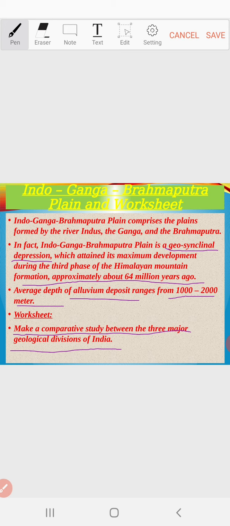Second, what is its nature, whether it is rigid, whether it is stable. Then what are the features that are formed. In this way you will find the criteria and write 5 points of comparative study between the three geological divisions of India.